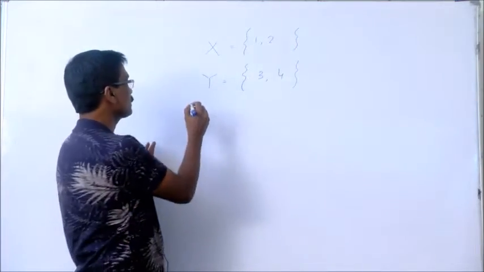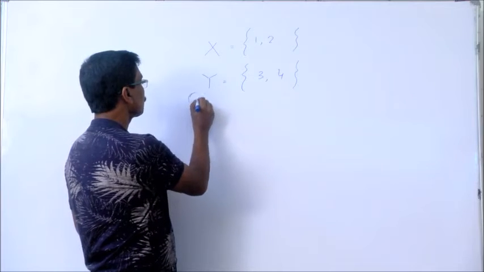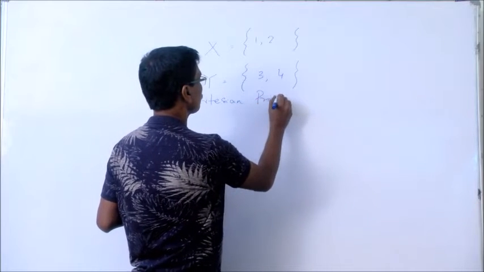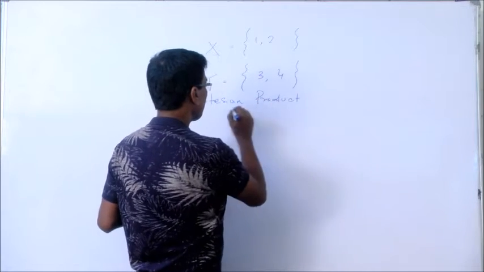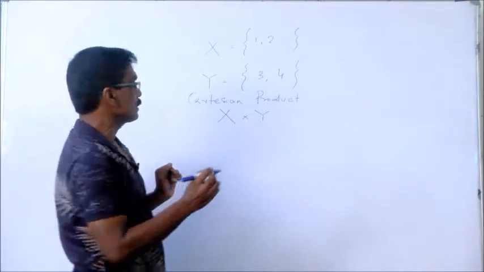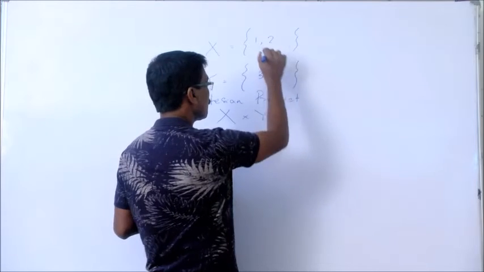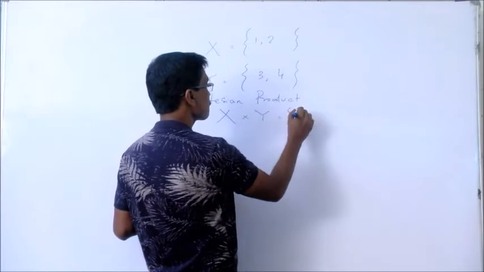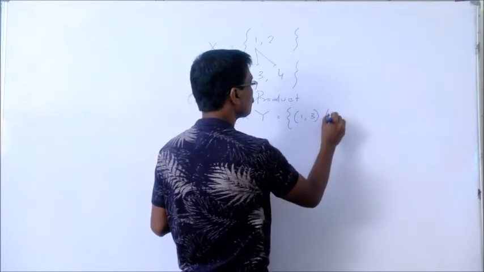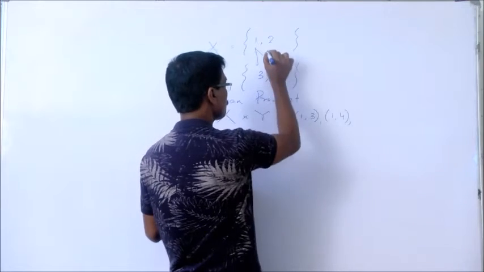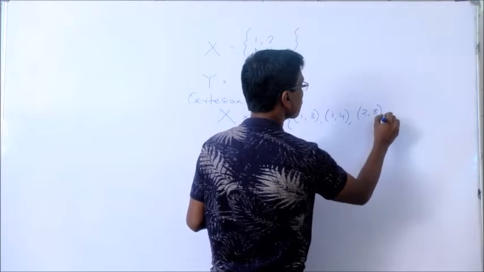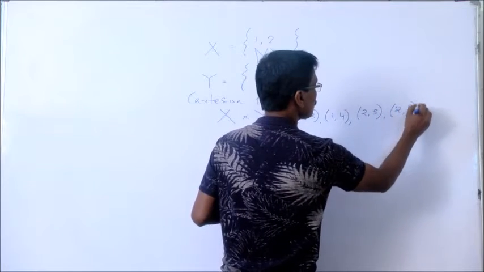Now, we define the Cartesian product between x and y as x cross y, which is equal to {(1,3), (1,4), (2,3), (2,4)}.